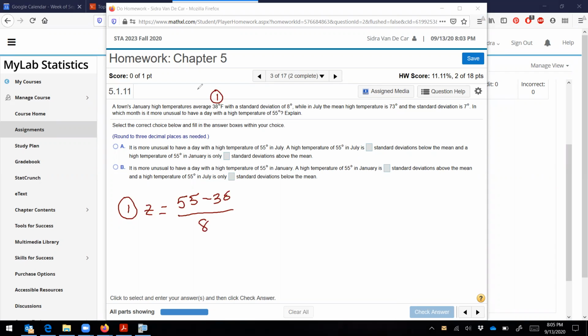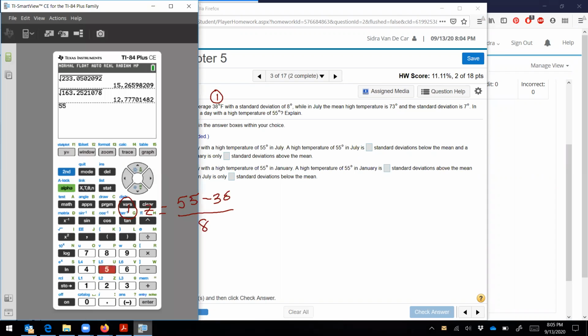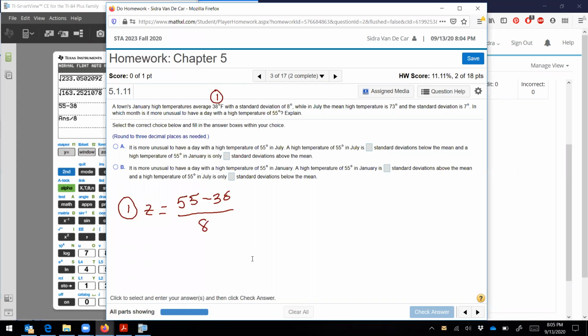If I now take 55 minus 38 and then divide by 8, we get 2.125. So here, my z-score would be 2.125.